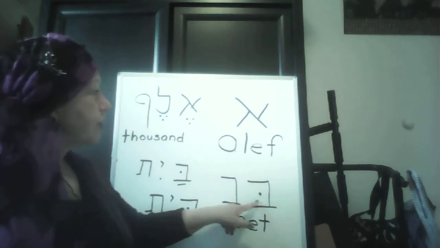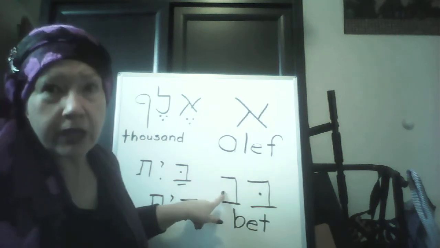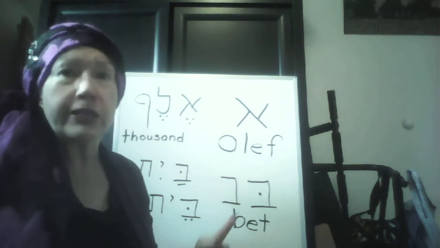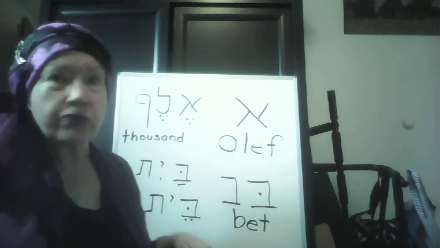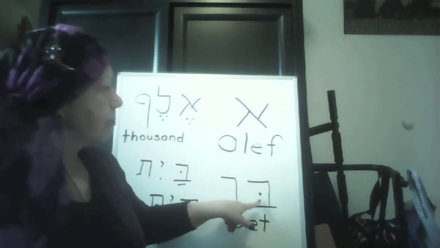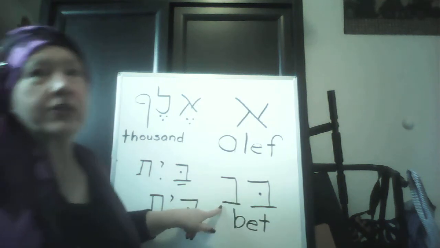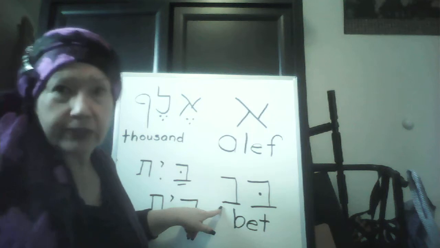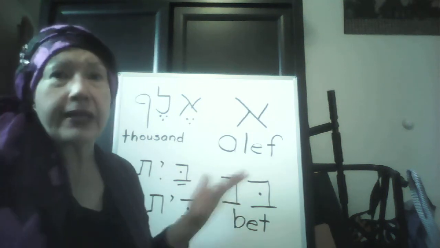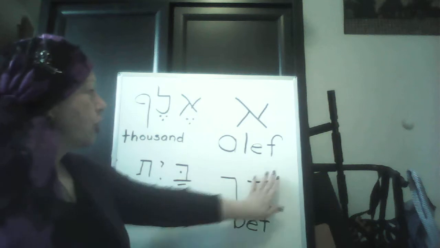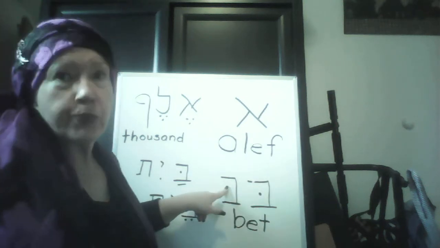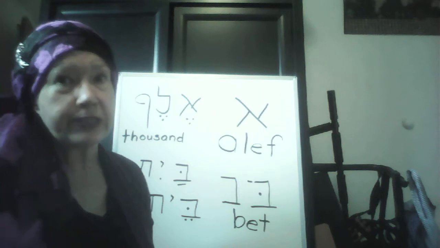But with the bet, if you don't have a dagesh, it becomes a V. And on the letters that do change sound, the softer sound is always going to be the one without the dagesh. So bet, and I will call this vet, like the person that works with animals. And it's really just one letter, and in modern Hebrew, there is no letter with a dagesh. They don't even have those anymore. You just have this one, and you're supposed to know if it's a B or a V sound.